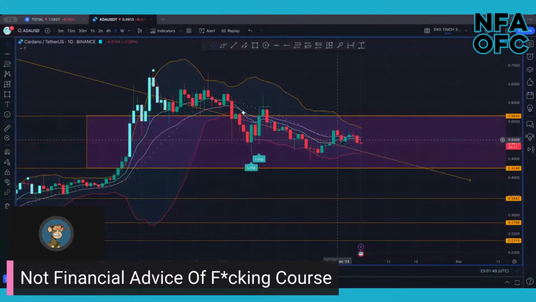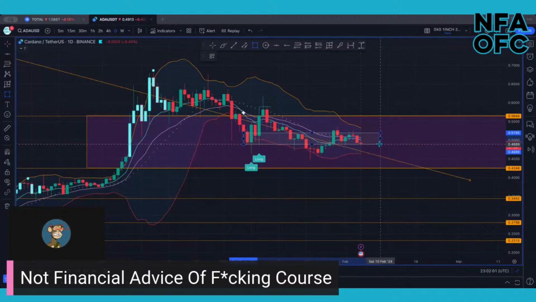Now on the daily, we can definitely see it's trying to keep this area in here. If you wanted to put a daily consolidation in there, this would be reasonable to me if it holds this on the daily. If it goes down to here, now this seems reasonable.